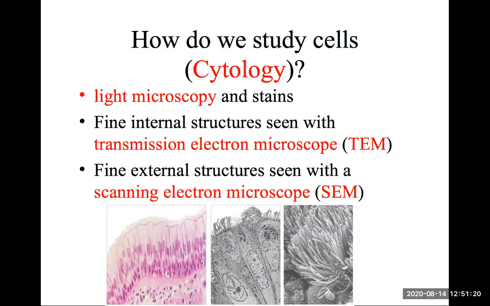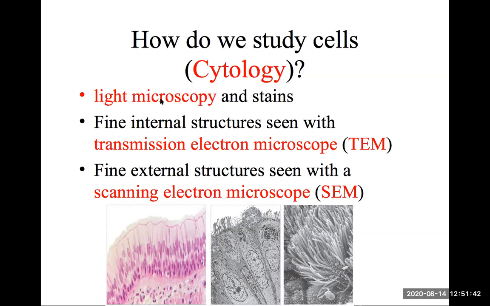All right, the study of cells is called cytology. I've told you this root here means cell. Ology is study of. In order to study cells, you have to be able to see them. And so the first way that we ever had to really see cells was light microscopy.